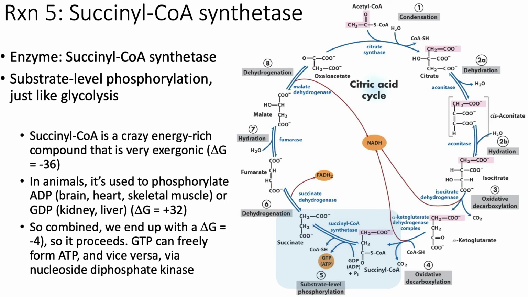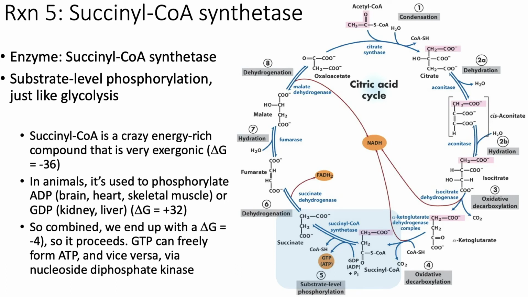You might need GTP for a couple other processes, not necessarily for energetic processes like you would use ATP for, like for kinases, but for more signaling pathways is what you tend to use GTP for more. And so that's where you would see that more in like the kidney or the liver, okay? And so that's where you see that separation. And so it depends on the cell that you're looking at.